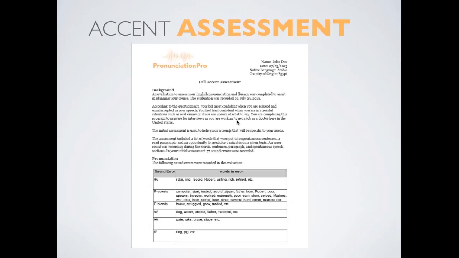I listen to your speech patterns, see what sounds you're saying incorrectly, and what you're doing that's different than an American accent. Then, based on this assessment, you can go through the Pronunciation Pro video course and be more aware of what you need to focus on and where you need to put some extra practice in.